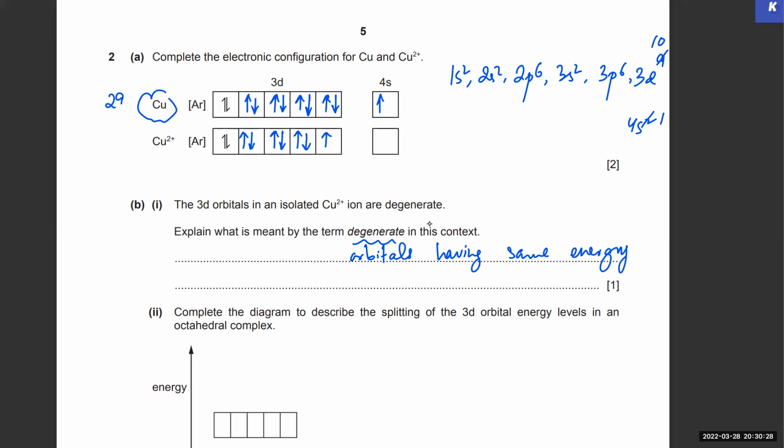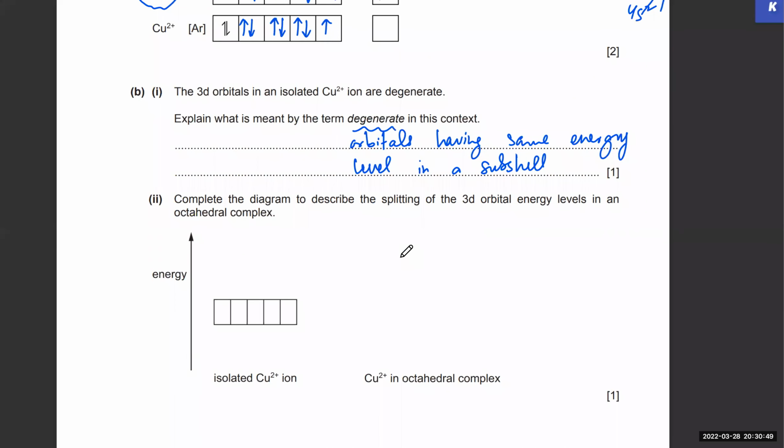So for example, Px, Py, and Pz are exactly the same orbitals, except that the orientation is different. Similarly, all the d orbitals, they are degenerate. They all have the same energy level.